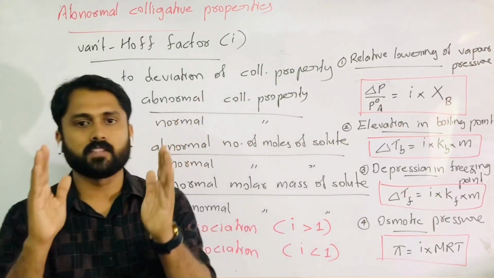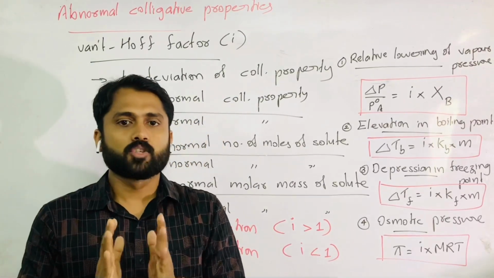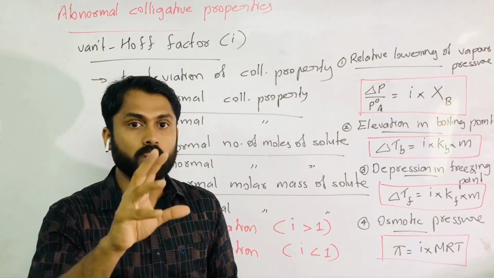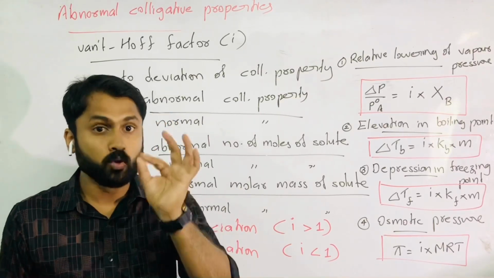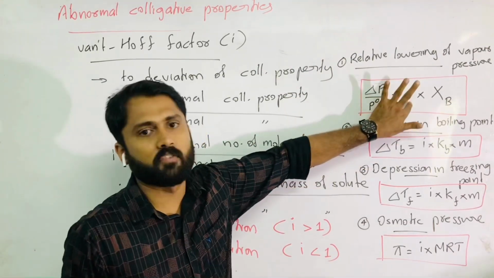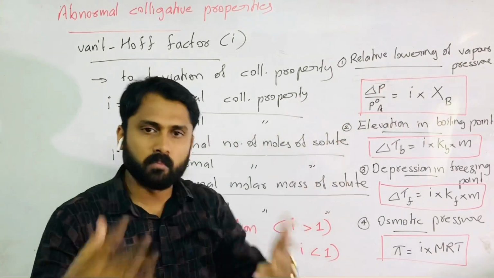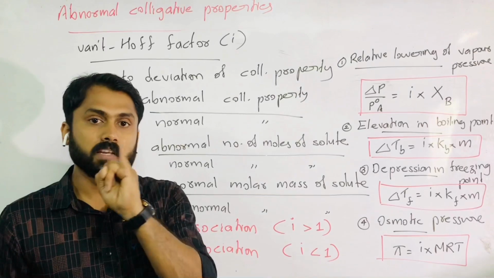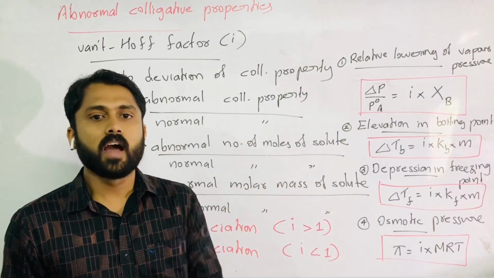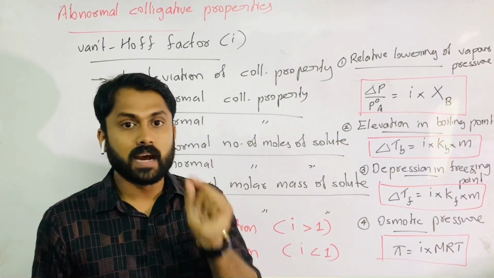So we have to focus on that point. When we are solving a problem relating to colligative properties, we should use the equation including the i factor. We can remove i only if the solute undergoes neither association nor dissociation, in which case i will be 1.